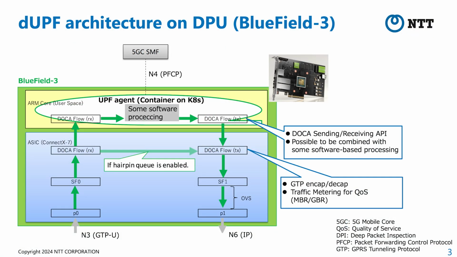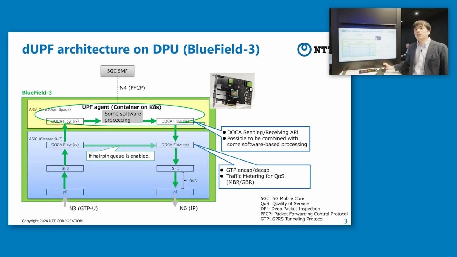For the data plane session control, we are using mainly DOCA Flow APIs, and main tasks required for UPF, such as GTP encapsulation or decapsulation and QoS processing, are processed by the ConnectX-7 e-switch integrated into the BlueField-3 DPU. And our DUPF can be combined with some value-added functions required in telecom networks, like DPI.